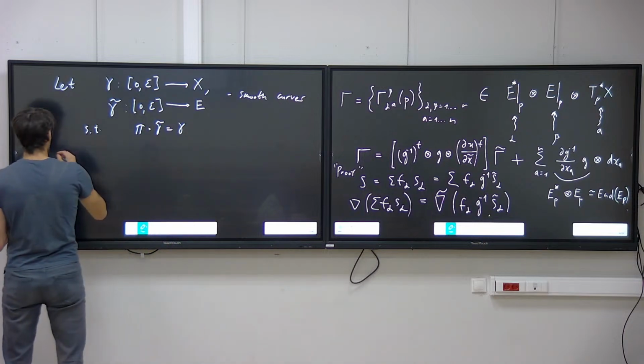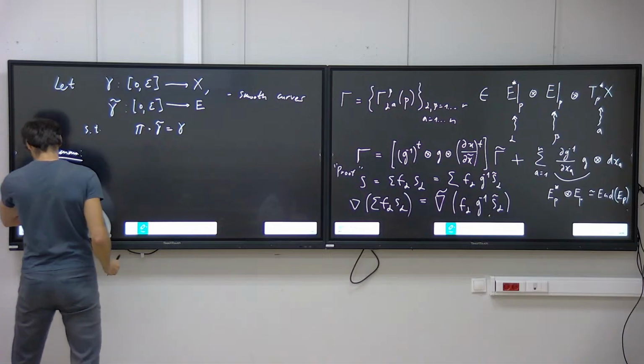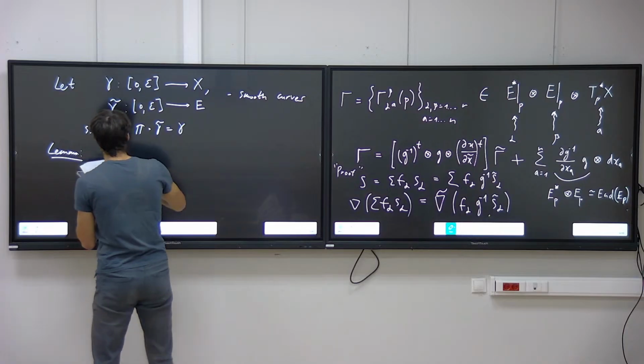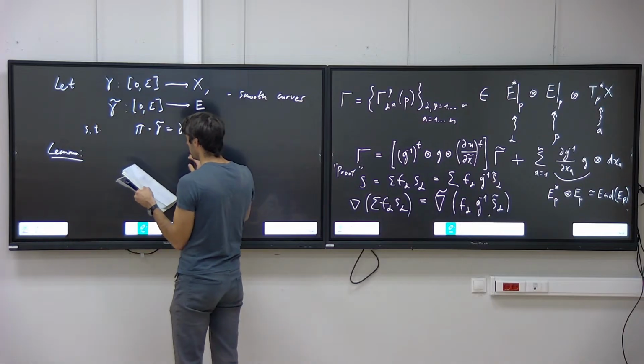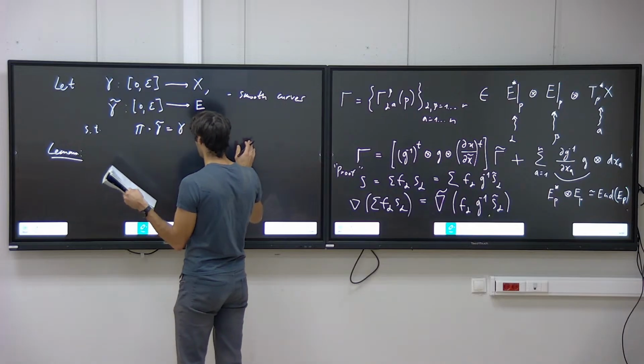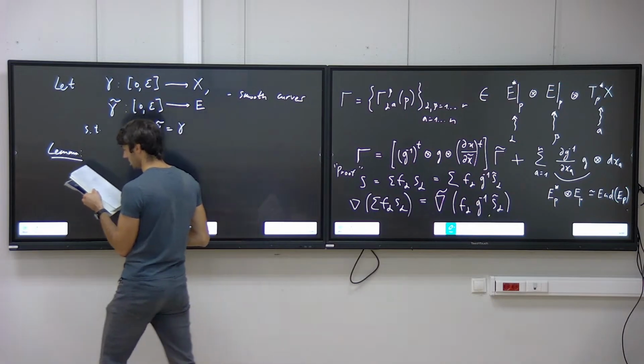So now I need this lemma that says that I can extend gamma tilde to a section on E, right?